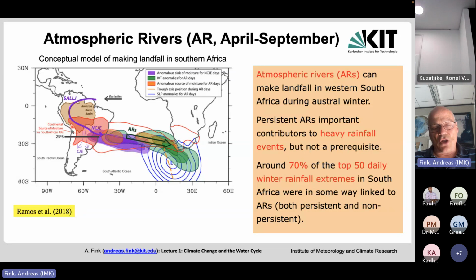And believe it or not, the moisture can actually come from the Amazon forest here. A lot of moisture is then evaporated over the Atlantic Ocean. And for the Southern Cape region, of the top 50 daily winter rainfall extremes, 70% were associated with these so-called atmospheric rivers.